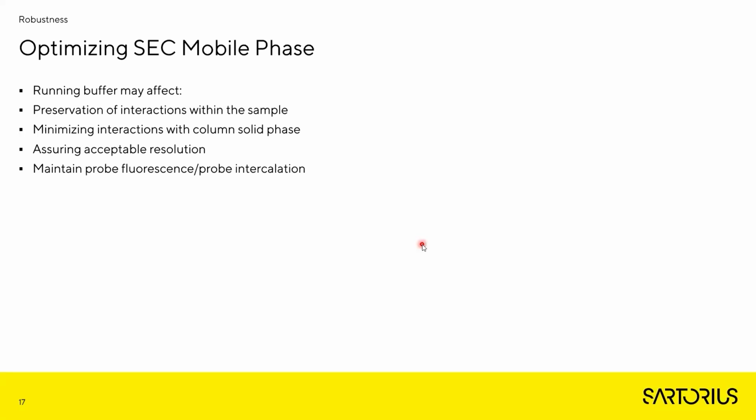The running buffer would affect the interactions within the sample components. It should minimize the interactions between the column solid phase and the particles in the sample. It should provide the best resolution possible, and at the same time, it must maintain the probe fluorescence.